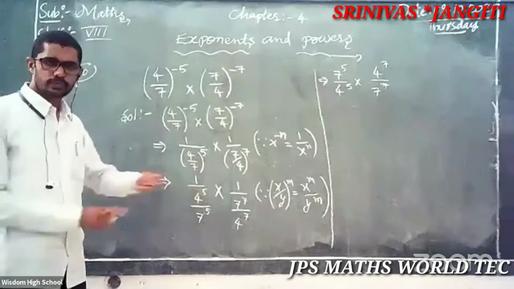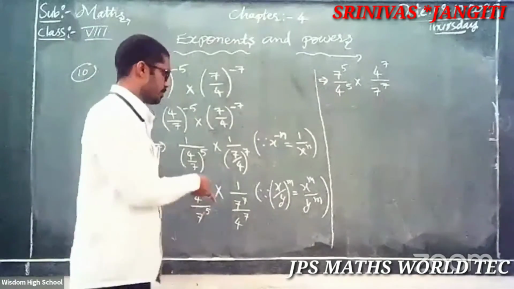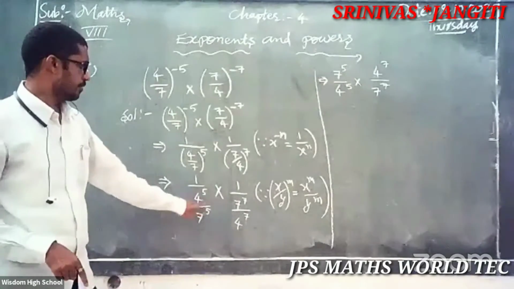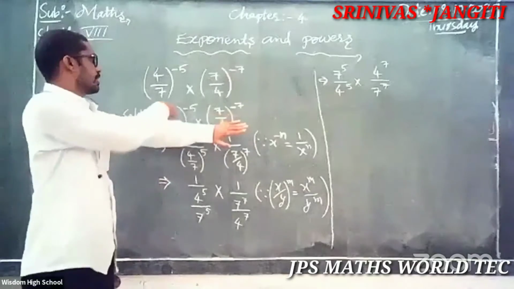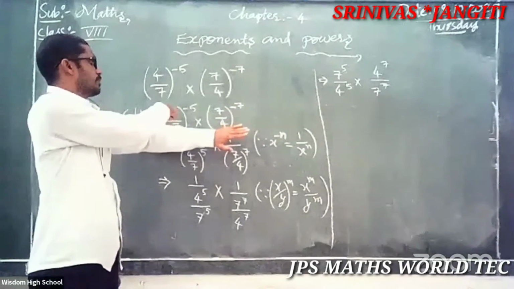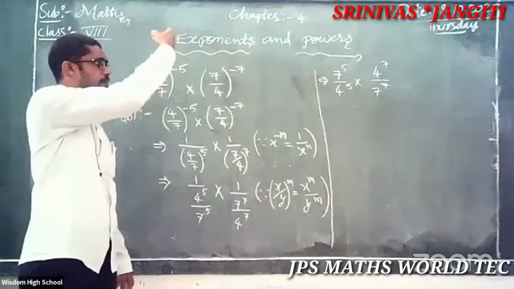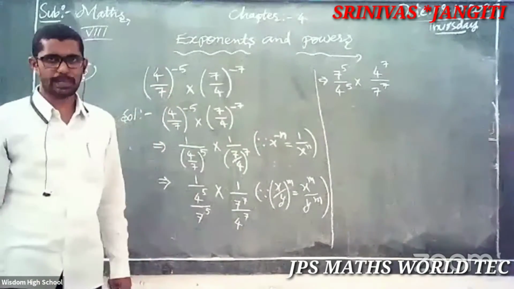So simple. Yeah, 1 by. Then numerator becomes denominator, denominator becomes numerator. So what is here? 7 to the power of 5 by 4 to the power of 5. Without this, directly here also you will know. That is only what I said. 4 to the power of minus 5 by 7 to the power of minus 5 is equal to 7 to the power of 5 by 4 to the power of 5. Why? Plus becomes minus, minus becomes plus.